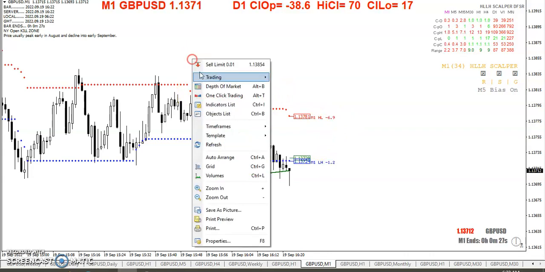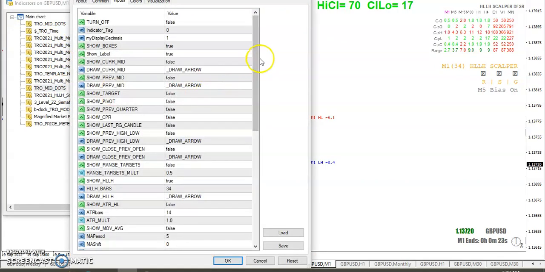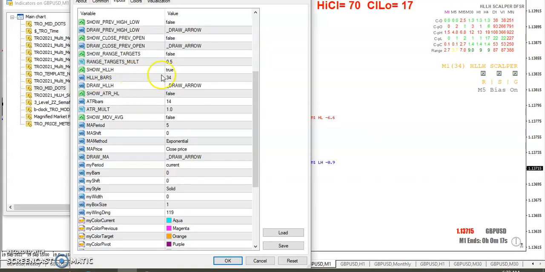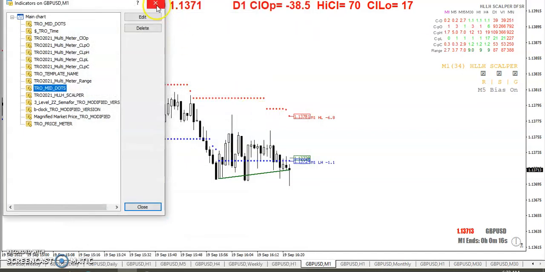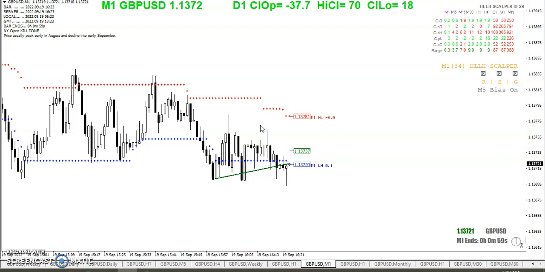In this case, I used the TRO mid dots indicator to plot it. So you can say show the highest low, lowest high true. In this case, I use 34 bars. Why 34? Because that matches the 3-level ZZ indicator, where the 3 ball is a 33 period swing point. So I just use the same.